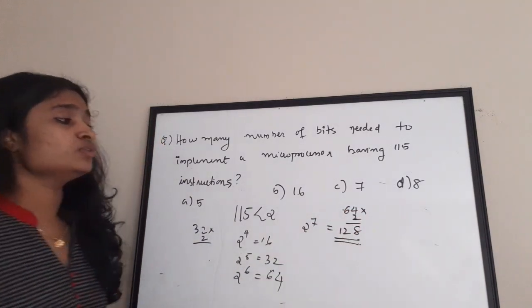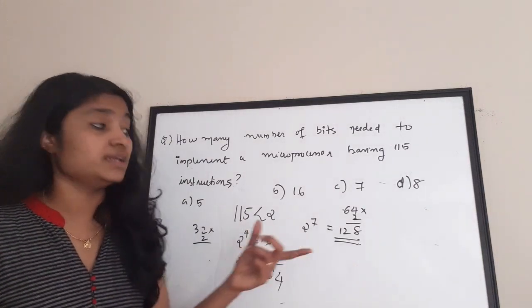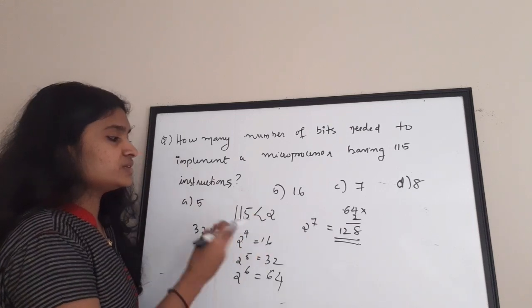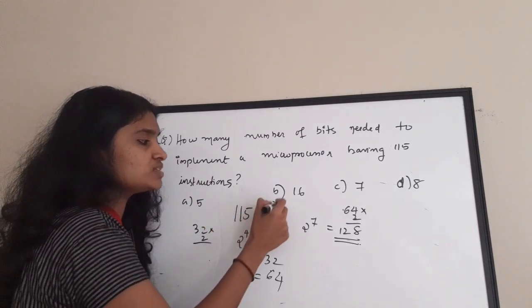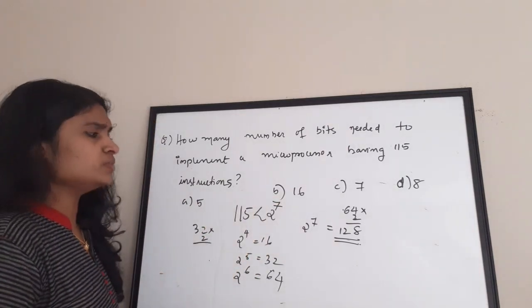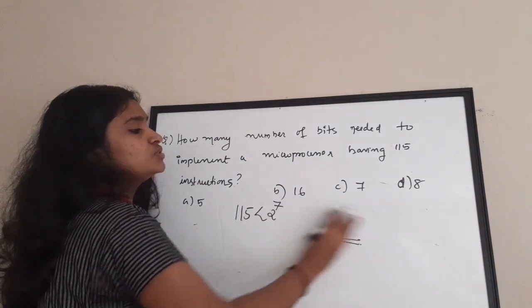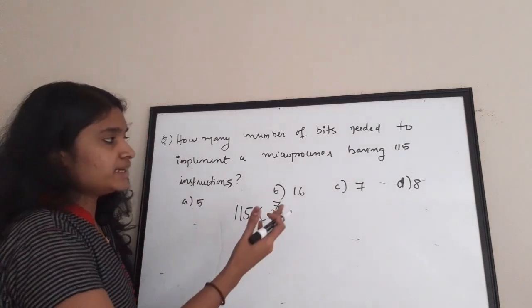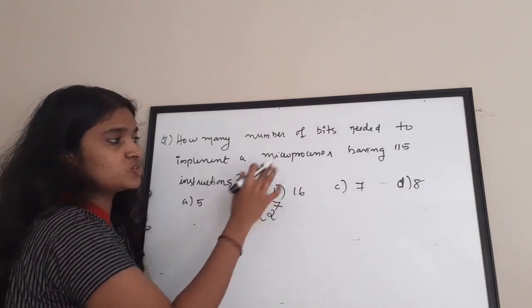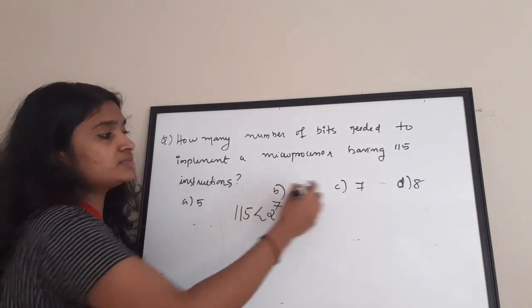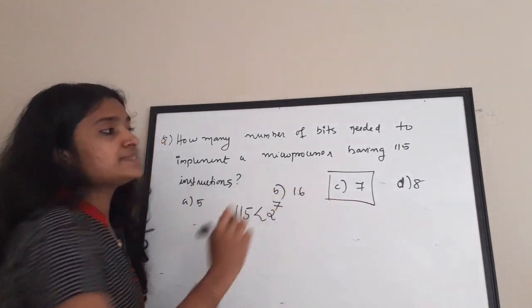Okay, so the value of 2 raised to 7 is 128, which is greater than 115, or in reverse 115 is less than 2 raised to 7. Right. So how many bits is required? We need 7 bits to create or implement this microprocessor, which is having 115 instructions. Okay, so the correct answer will be option C, which is 7.